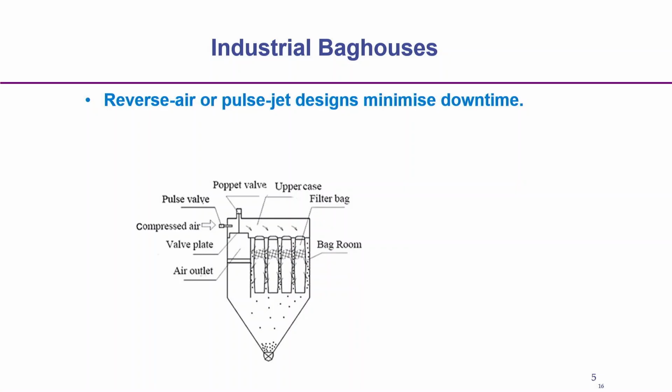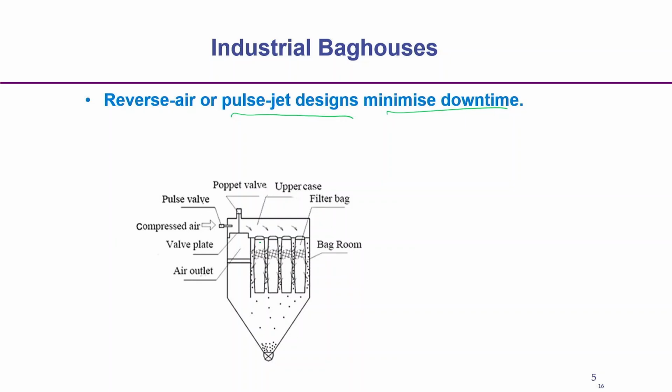So, reverse air or pulse jet is designed to minimize the downtime. One thing we can do also, we can remove the filter from the bag and we can clean the bags and again reinstall.